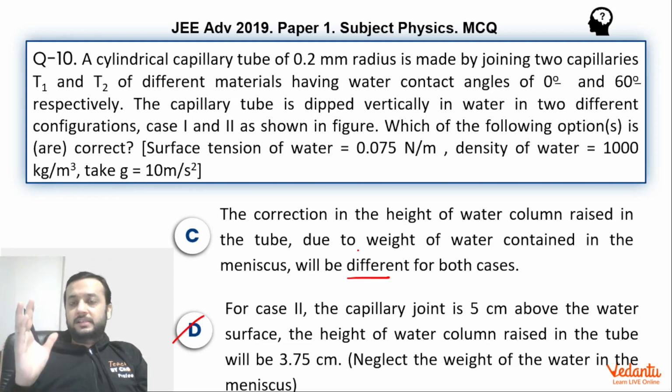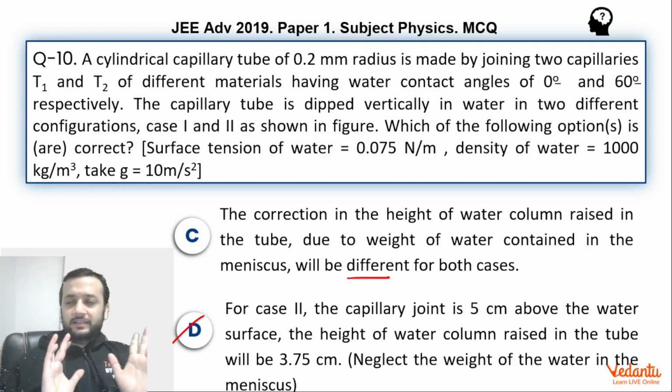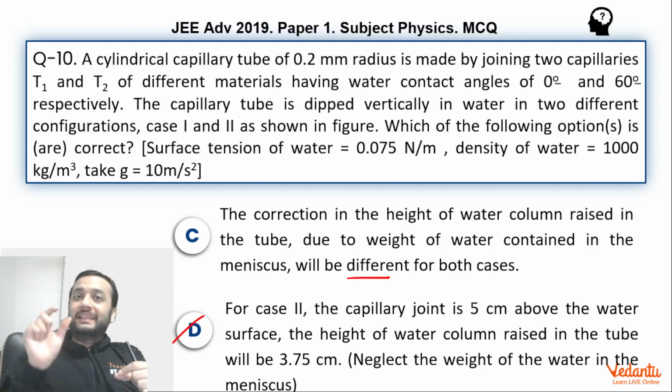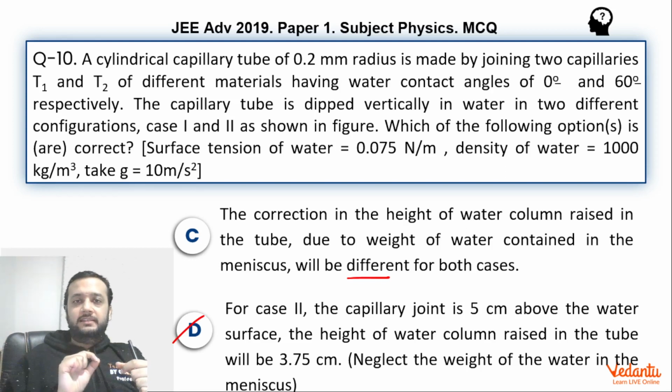Now let's see whether we should select this as an answer or not. When we say that one option is right, then it has to be right in all possible cases. Even if you could think of one case in which the given option is not right, then ideally you should not select that as the correct answer, right? When I'm saying that a particular thing is correct, then it has to be correct in every possible scenario.